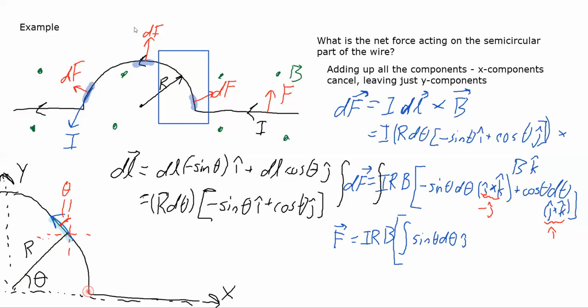So that'll be a theta of 0. The largest theta goes beyond my picture, all the way over here to the side. So what theta would that be? That should be a theta of pi. So we're going from 0 to pi. That's our limits.